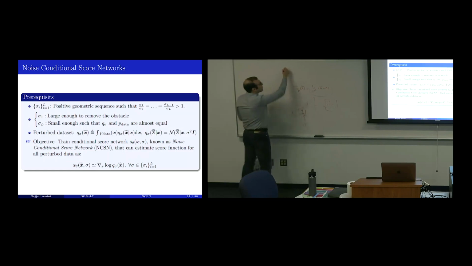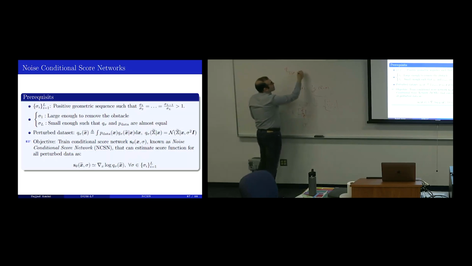We replace the loss of denoising score matching, which is an equivalent objective optimization, with the loss of explicit score matching with parameter sigma.